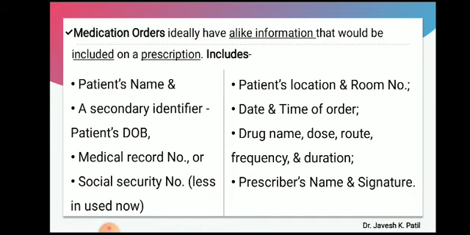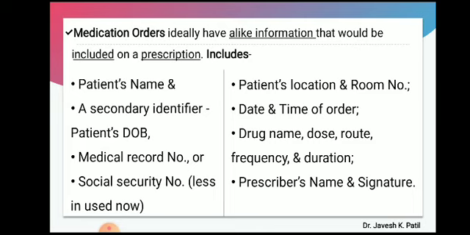This is different from the prescription, even though similar information should be included in the prescription as in the medication order, like patient name and secondary identifier, that is date of birth. I also told you that the same name of the patient might be possible, so include the birth date of the patient.